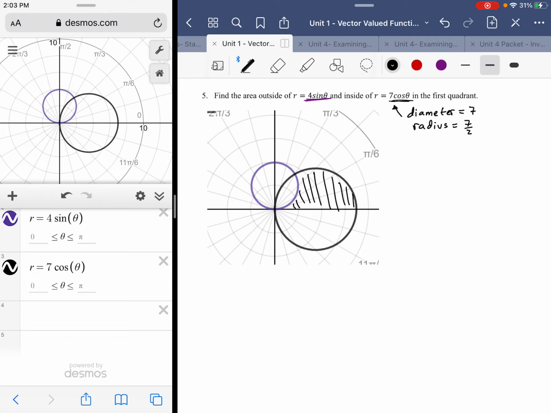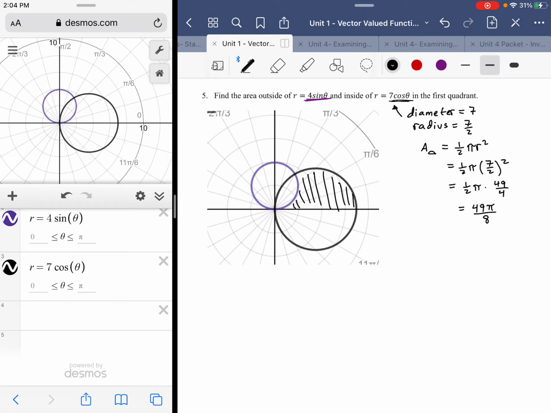Okay, so I can say that the area of that semicircle is pi r squared over 2, so 1/2 pi r squared. So 1/2 pi times 7/2 squared, 1/2 pi times 49 quarters is going to be 49 pi over 8. All right, so we got that part of it.